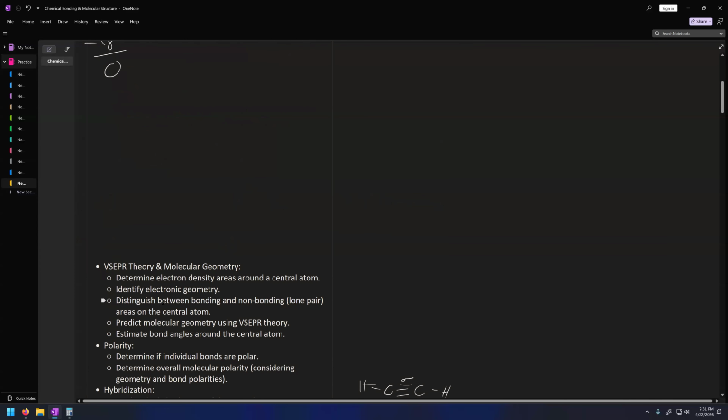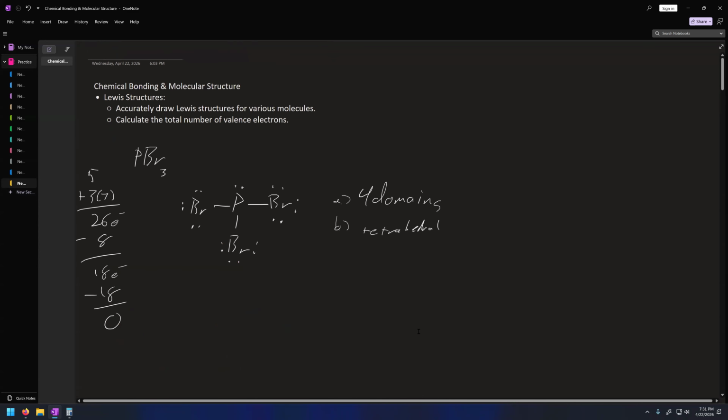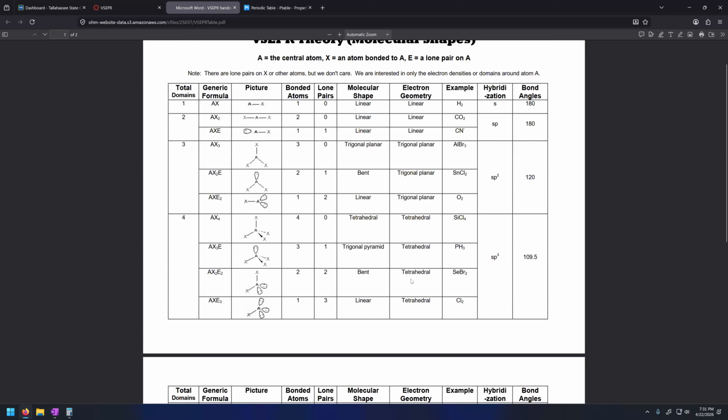From there, distinguish between bonding and non-bonding. So you want to see any lone pairs or bonds between our atoms. The reason we want to do that is because looking at this chart, once again, we can figure out what the molecular shape should be based on the number of bonded atoms and lone pairs.